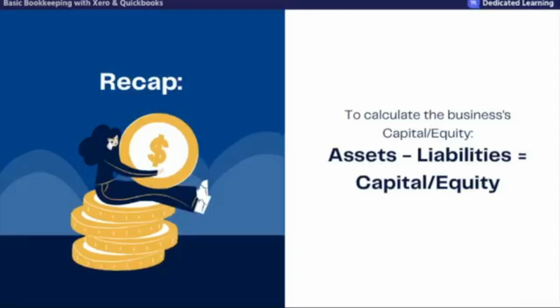So this goes back to the equation earlier regarding capital or equity, which is assets minus liabilities equals equity. If you end up with a positive number, that means the business has a positive net worth and has enough assets to cover their financial obligations. While if it results in a negative number, then that means that a business is under a lot of debt.